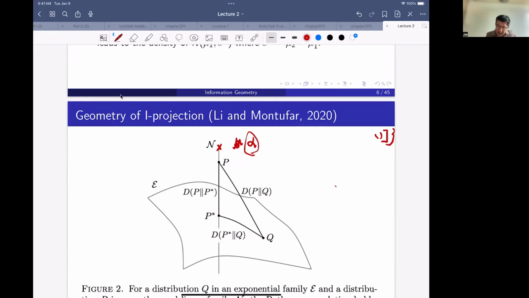This mean vector will have a different position if you move alpha around. Then for each one, you will have a different p star.